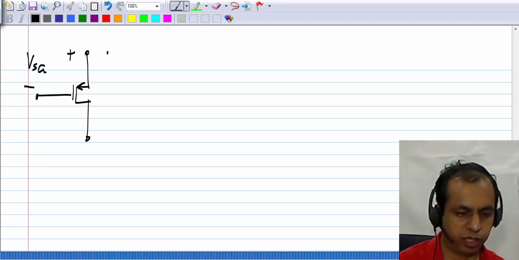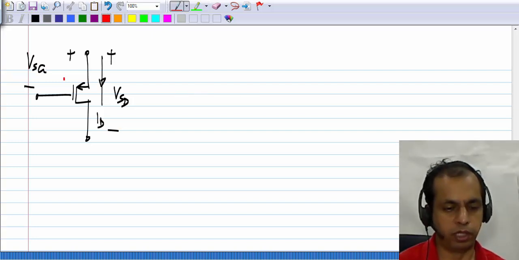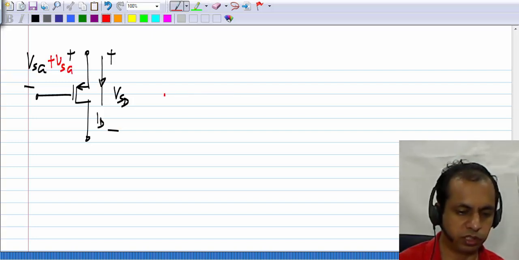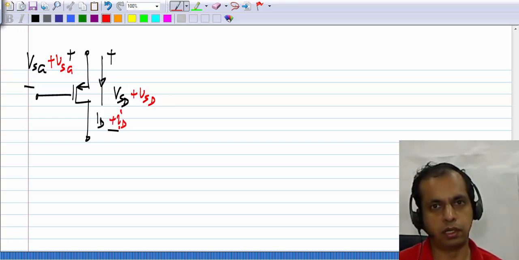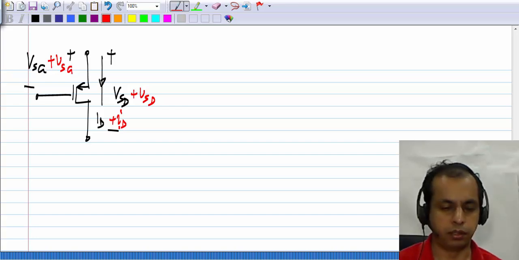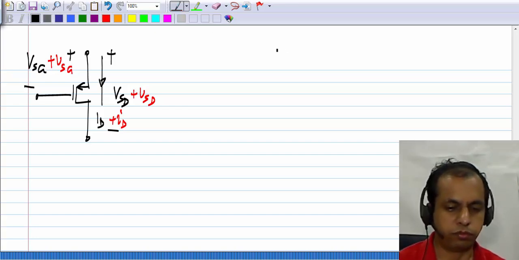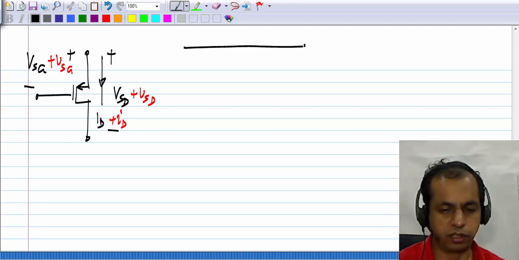We have the operating point quantities VSG, VSD and ID, and we have the incremental quantities lowercase vsg, lowercase vsd and lowercase id. Now we want to form an equivalent circuit which deals with the increments alone.